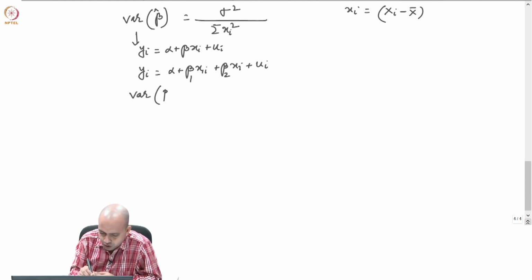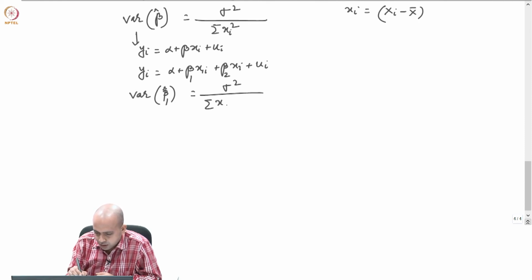Now, variance of beta 1 in this case would be sigma square divided by summation x1i square into 1 minus r square 12.